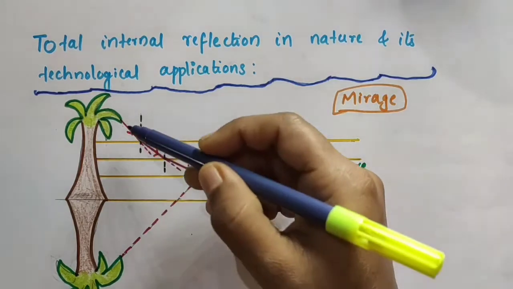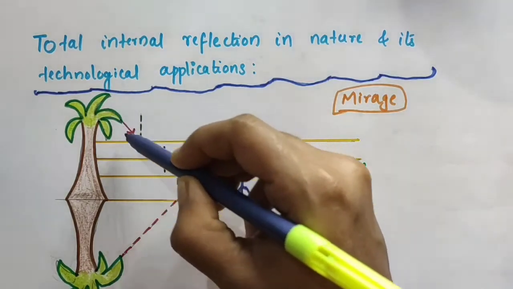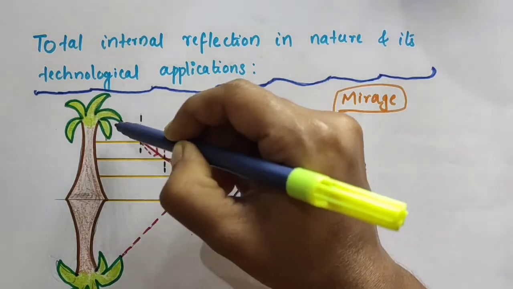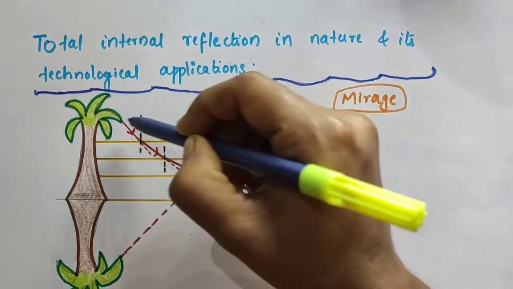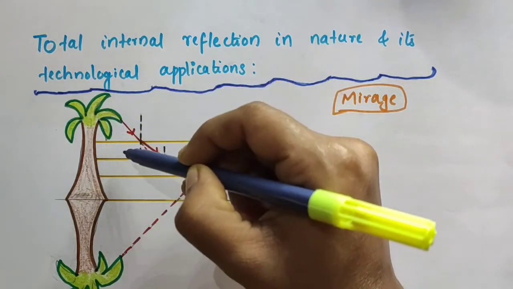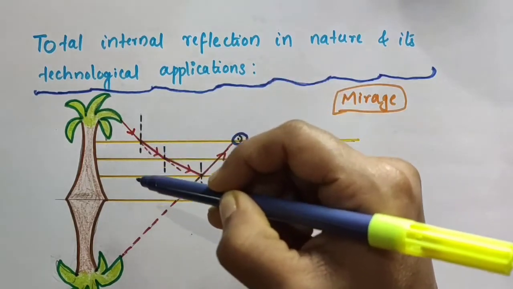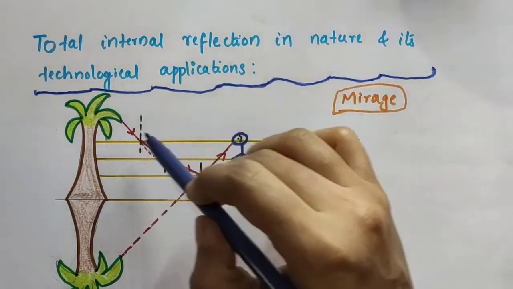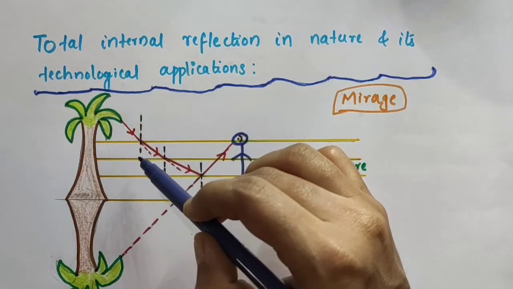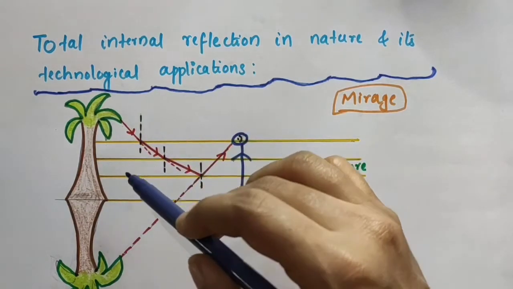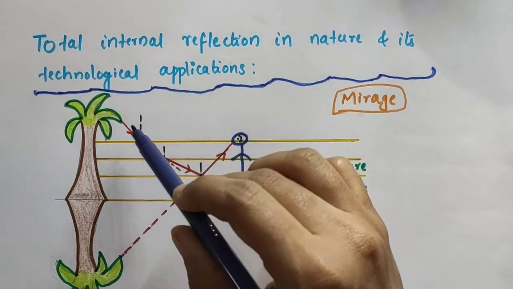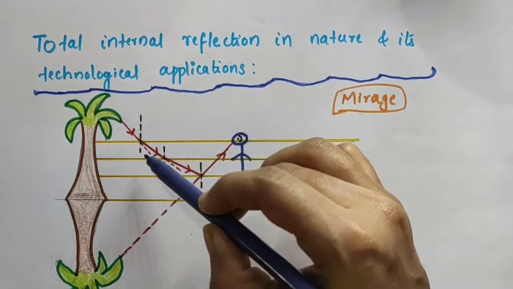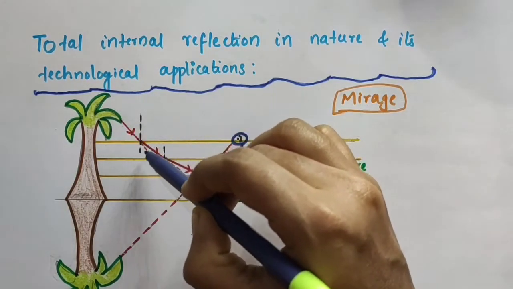So you see here, we have a ray of light coming from this tree. This region will have more optical density than this region. Optical density decreases as we go from top to bottom. So when a ray of light travels from an optically denser medium to an optically rarer medium, that ray will move away from the normal.